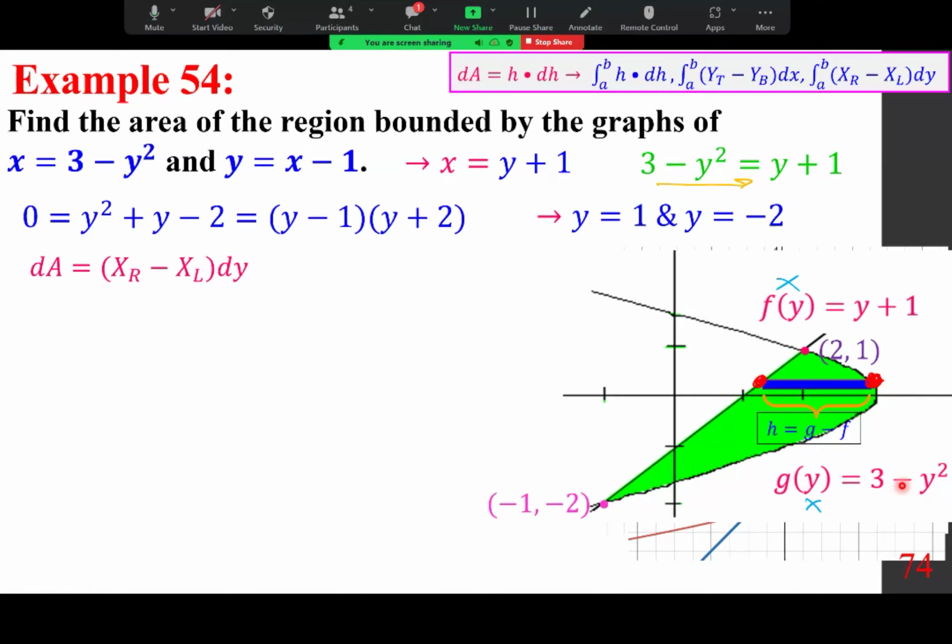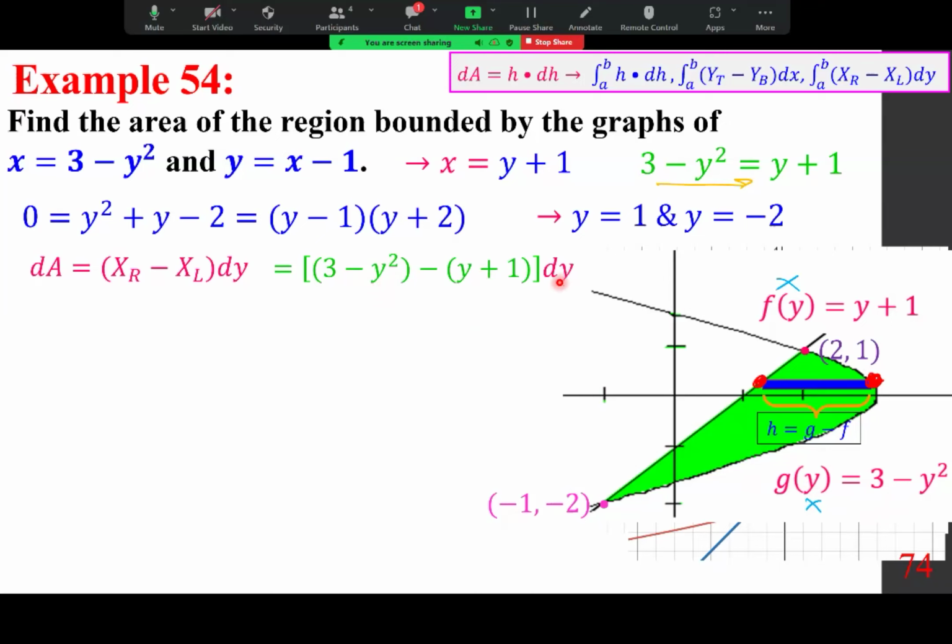So 3 minus y squared minus y plus 1. And of course, dy, because we're going to sweep it along the y-axis. So g of y, 3 minus y squared, minus f of y, y plus 1, dy.